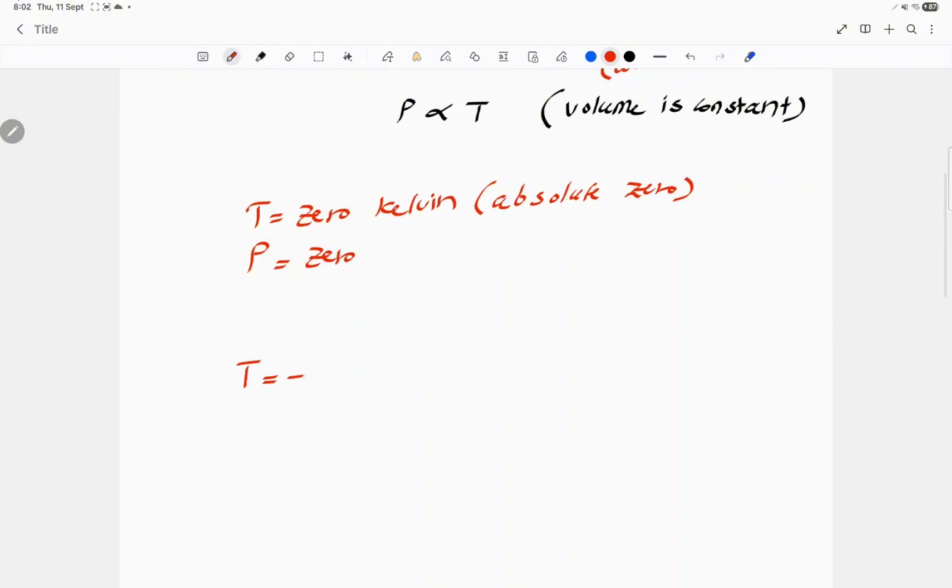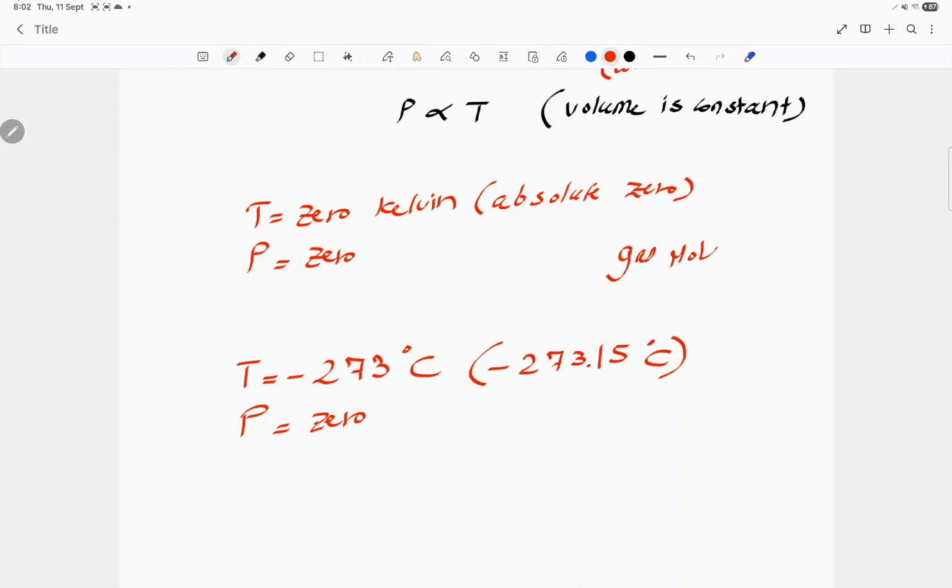Or when the temperature is equal to negative 273 Celsius, and sometimes they might say negative 273.15 Celsius, at that point also pressure is equal to 0. That means that the gas particles or molecules will stop moving when this occurs. Now let me show you what this looks like on a graph.